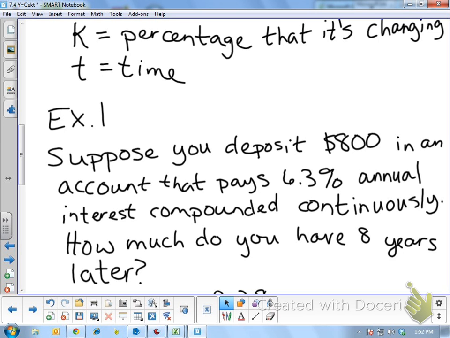How much do you have 8 years later? Now this is not a calculus problem. This one is just, can you use y equals c e to the kt? First, we have to just be able to use it before we can involve some calculus.